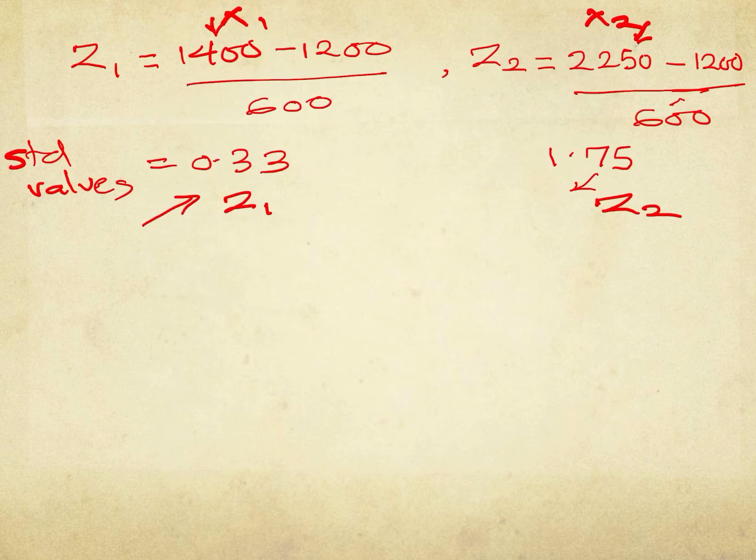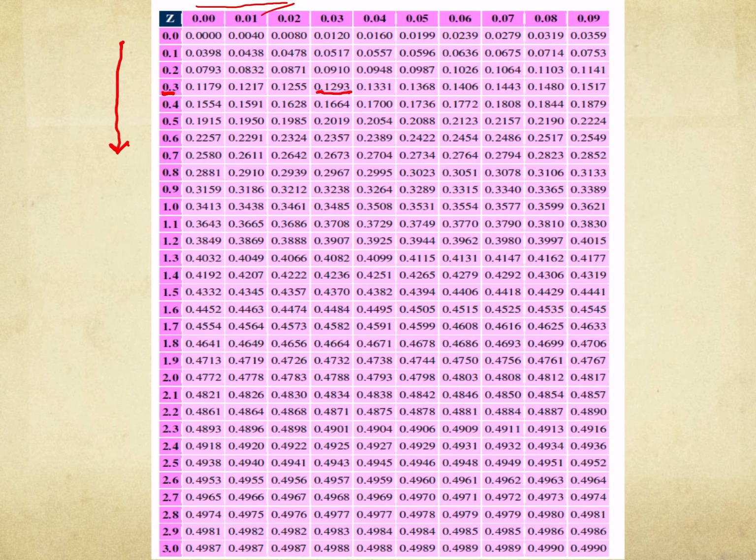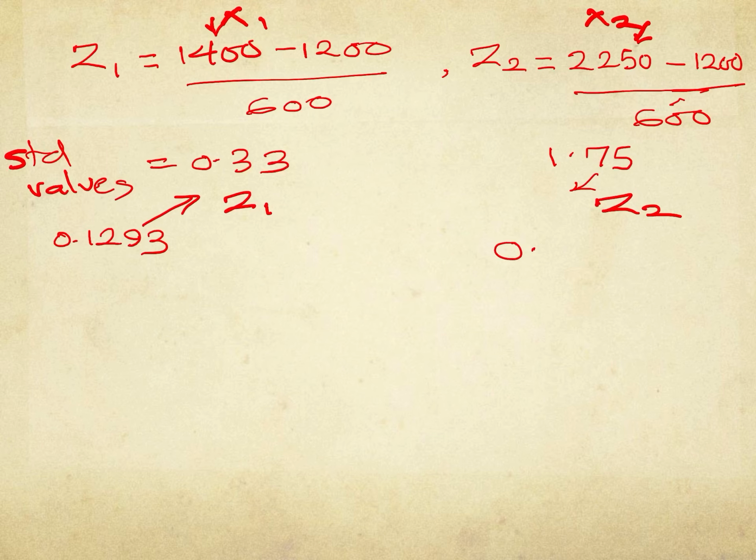Let's write that down. 0.1293. And for 1.75, we start from the column 1.7, and then to get 1.75, we trace it to 0.5, so it should be 0.4599. So take note.